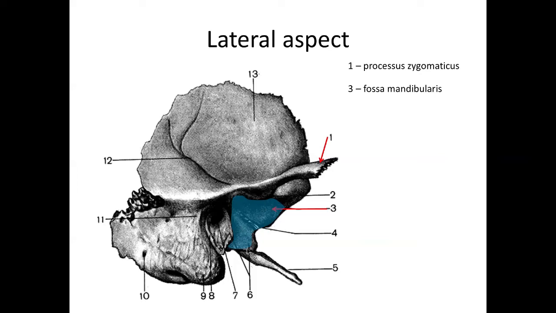But now we can say that tympanic part is here and squamous part is here more anteriorly. So fossa mandibularis is all this structure, fossa mandibularis.